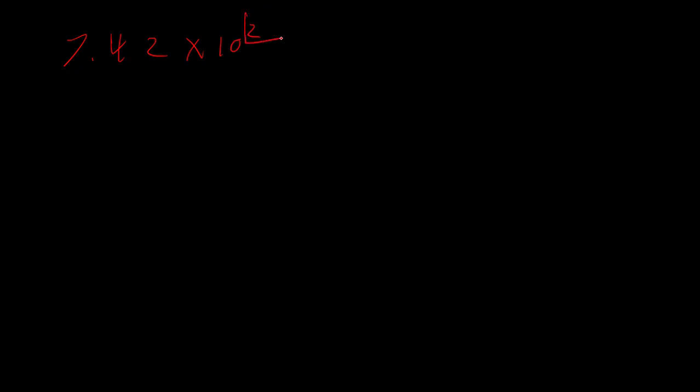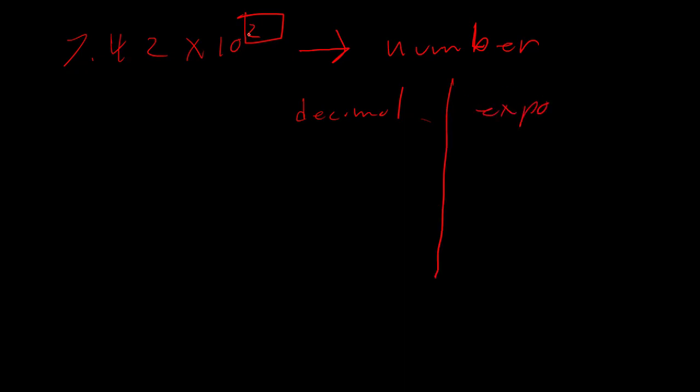So we have a positive exponent, and we're moving from scientific notation to a regular number. Positive exponent, the decimal would move to the right.